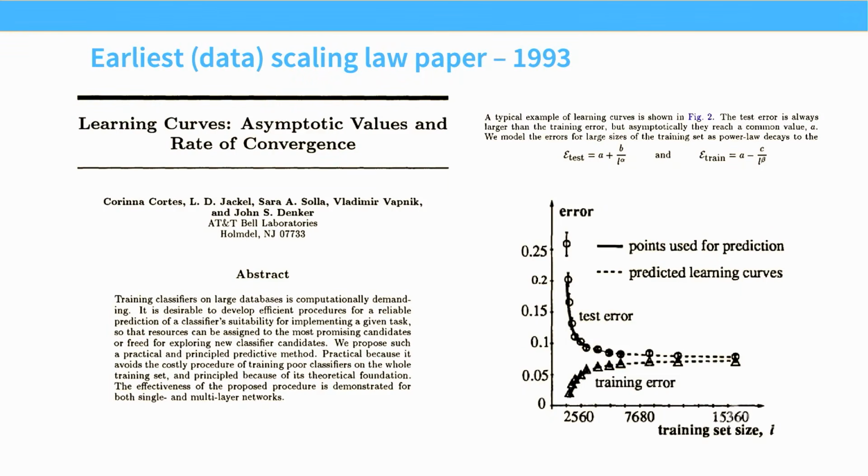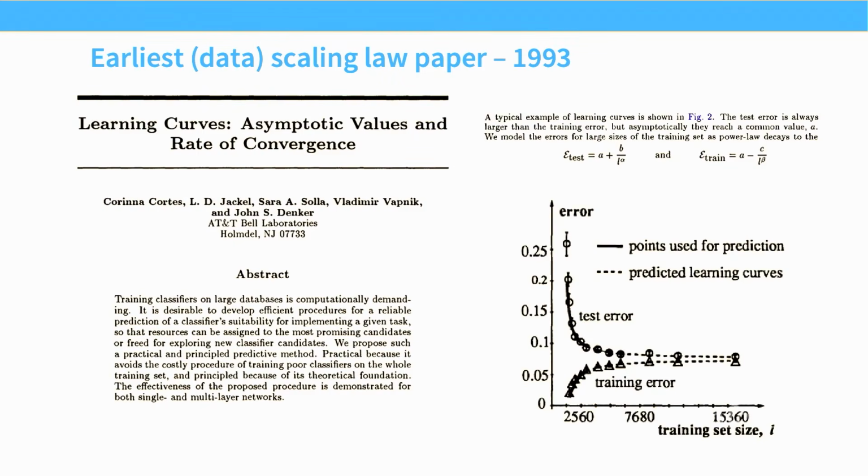And if you try to figure out what is the very first scaling law paper that exists, it turns out you can go back quite far. You can go back to Bell Labs and Corinna Cortes and Vladimir Vapnik and these folks that were doing very serious theory work on machine learning. They asked this question: training classifiers on a really large data set is often very expensive.